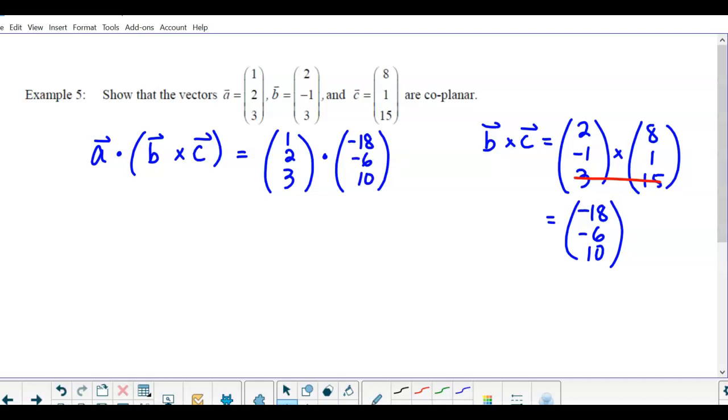You could, if you wanted to, reduce that. Remember, that's a normal vector, so it's really the direction that matters. If you want to divide everything by 2, you could. I'm just going to put it in there because it doesn't really matter.